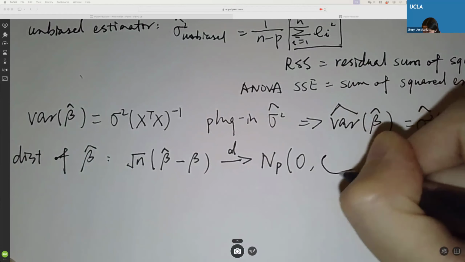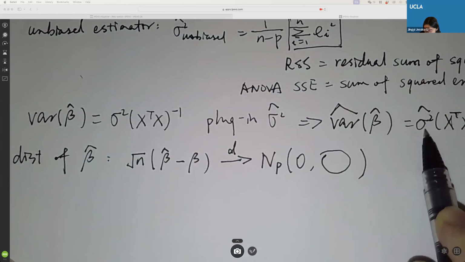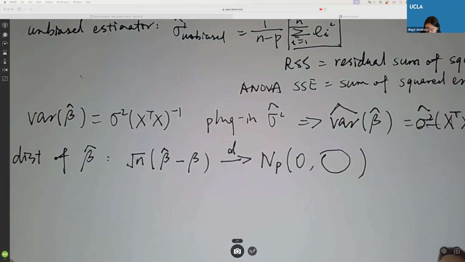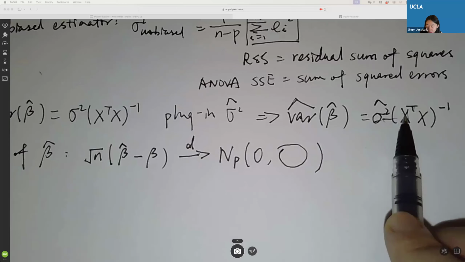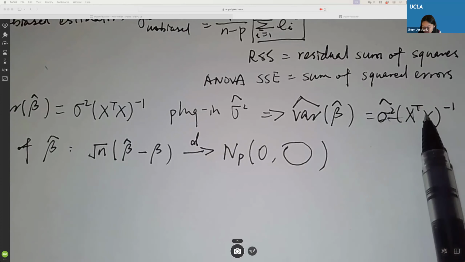But for this covariance term, I will not specifically write it out for now because it's not directly sigma square (X transpose X) inverse, because X as a design matrix has n rows, so there is n involved in this formula.